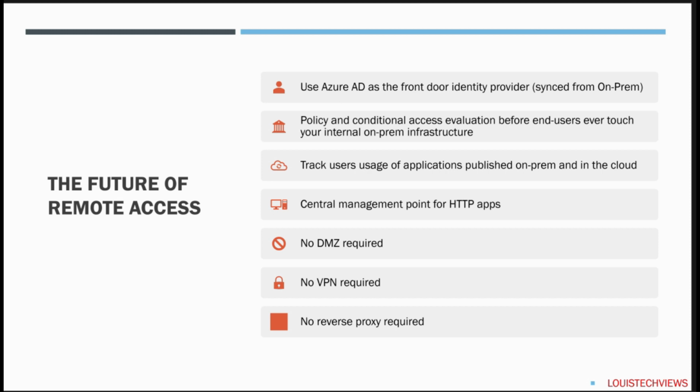You also get the additional benefit of policy and conditional access evaluation before the end users ever touch your internal on-prem infrastructure. The benefit of that is that your application does not have to natively support this in any way. By using this feature, any of those web applications that you have on premise can inherit this capability.